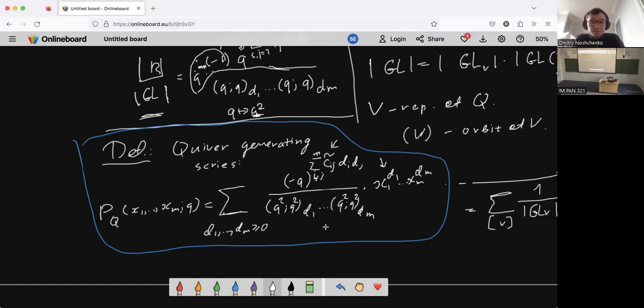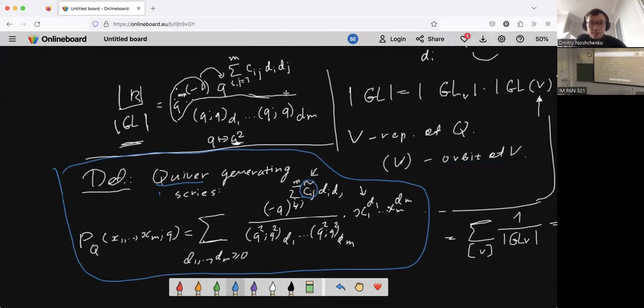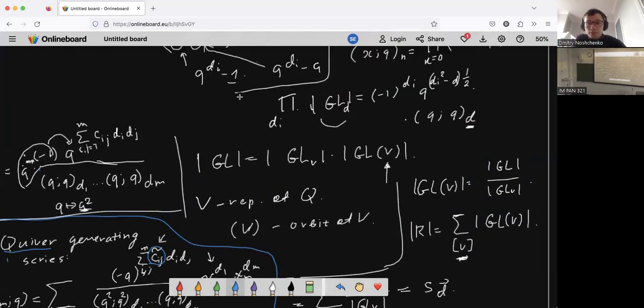All right, so philosophically we slightly changed the notation here, but when we write a quiver, we usually speak about quiver generating series when C_ij are exactly the same as those of the adjacency matrix. In the above example, it wasn't exactly the case, because there was some quadratic shift that you might recall.